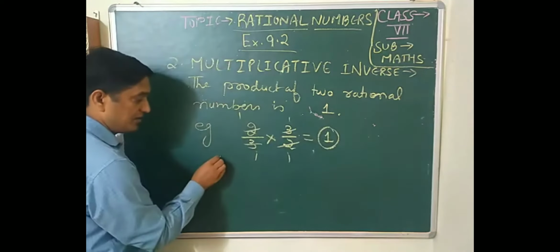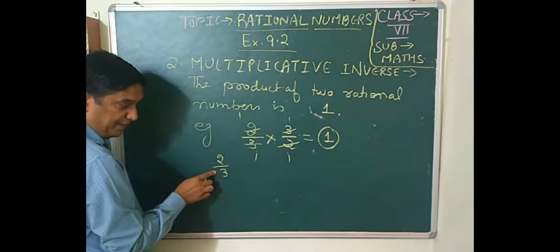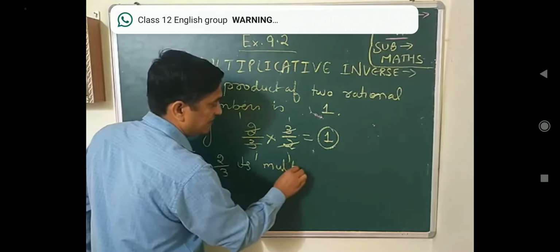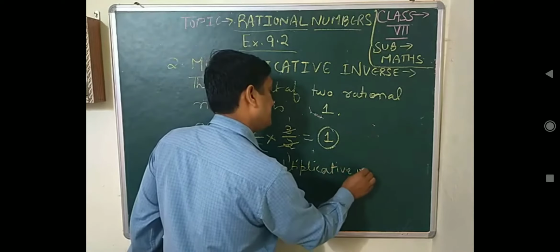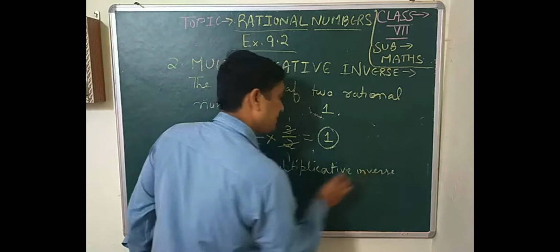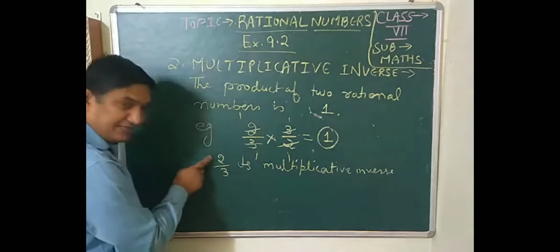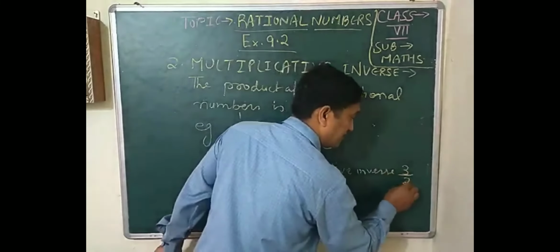It means 2 by 3, its multiplicative inverse is its reciprocal, that is 3 upon 2.